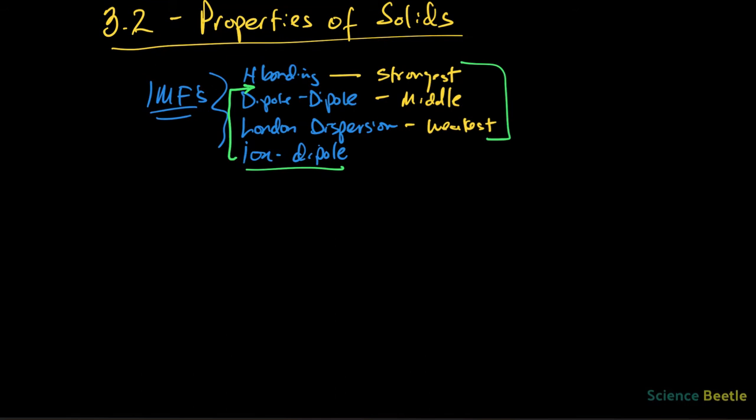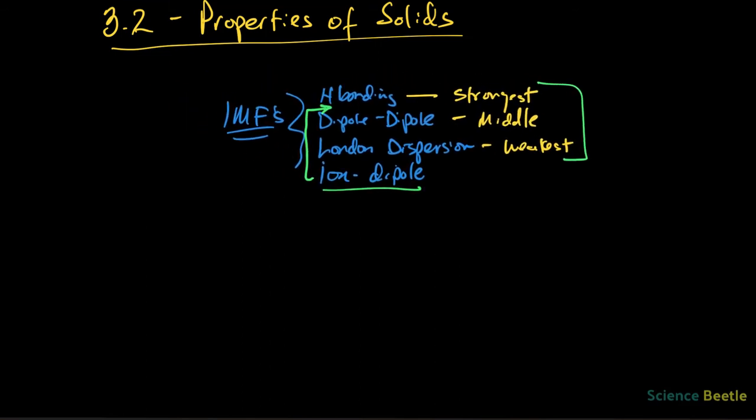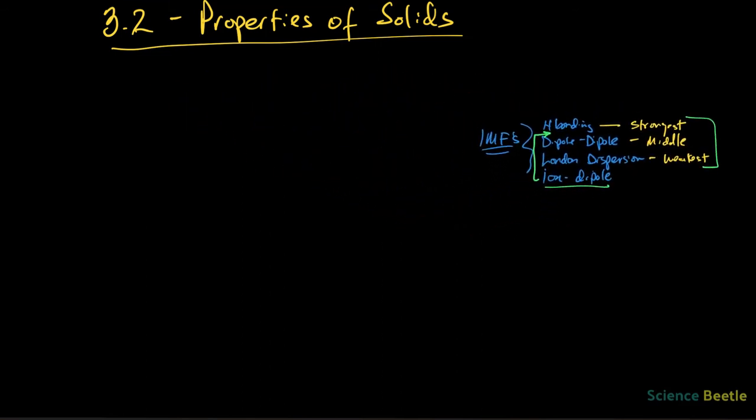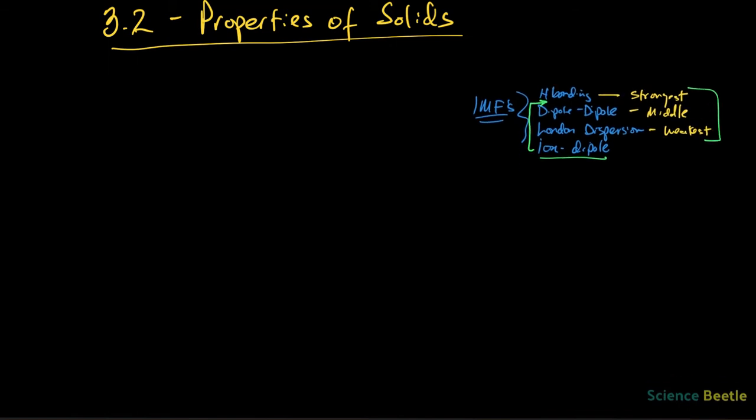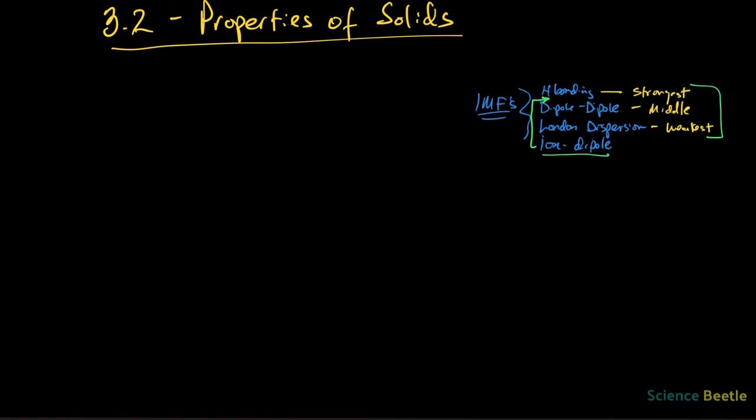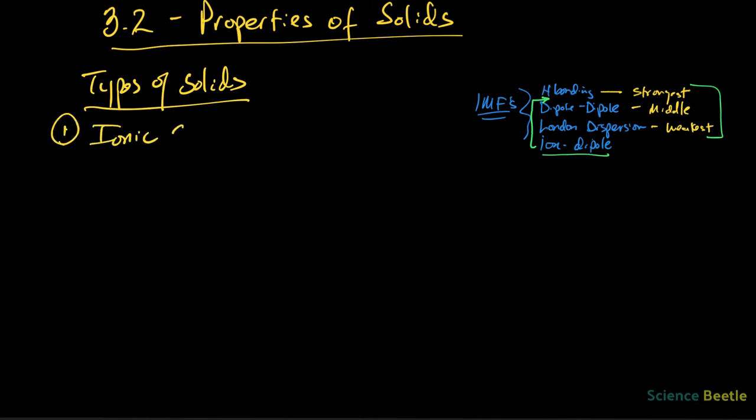Let's go quickly over the types of solids that you're going to have. And so let's move some of this information over to the side. Let's move this over here. And let's move the title that way as well. And so here, the types of solids are the following. We had an ionic solid.